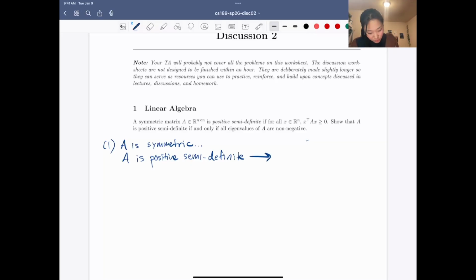So if this left part is true, then this right part is true. And the right part is all eigenvalues of A are non-negative.